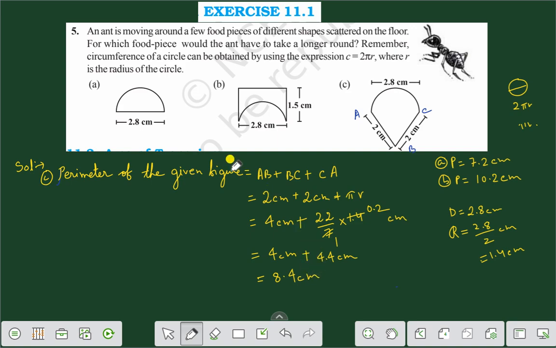Right? The question is, for which foot piece would the ant have to take a longer round? That is for this one, B part, that is 10.2 centimeter. Right?